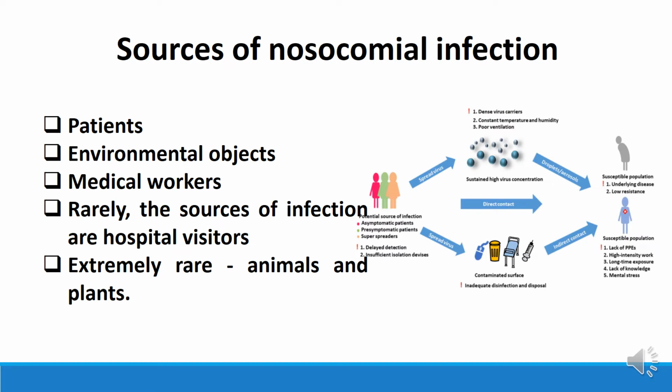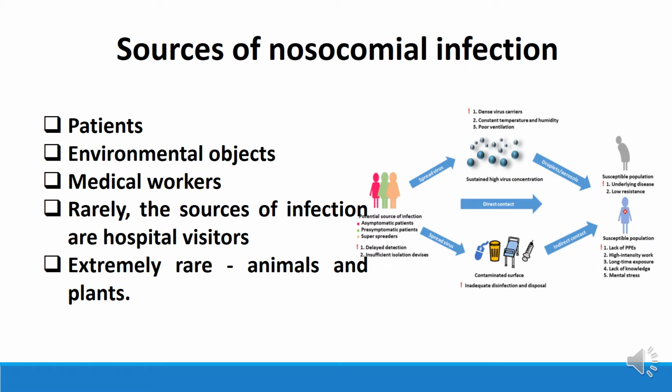Let's discuss the source of nosocomial infection. Who can be the source of infection? First of all, patients, environmental objects, medical workers. Rarely the source of infection are hospital visitors, and extremely rarely animals and plants.